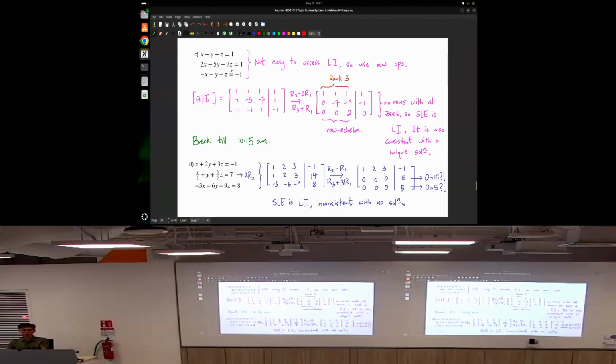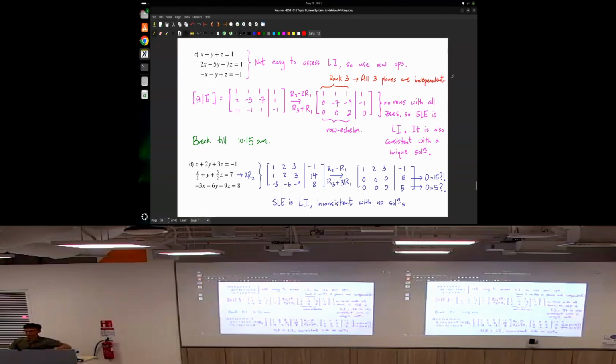You cannot take any other two planes to combine to get the third plane. Not possible. So this rank 3 means all 3 planes are independent.